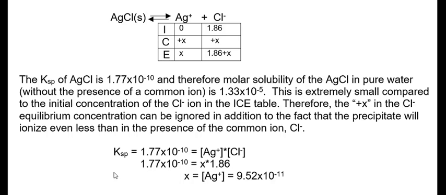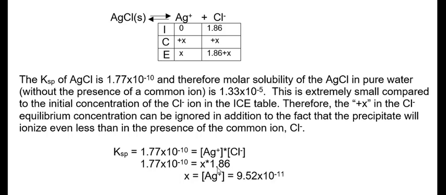So let's take a look down here in the solubility product expression. Silver is the unknown. It can't be zero, as we assumed initially in our first step for the formation of the precipitate. There has to be something remaining, and that's our unknown, x.